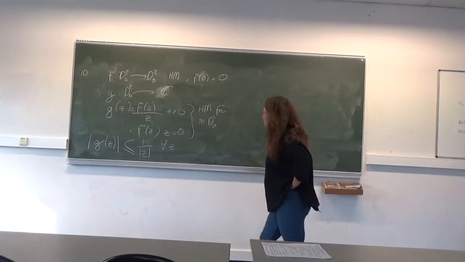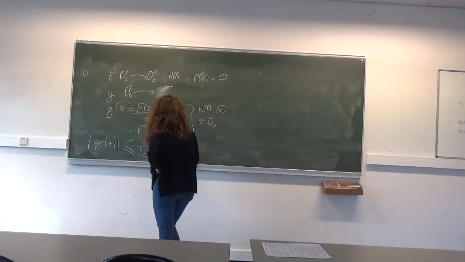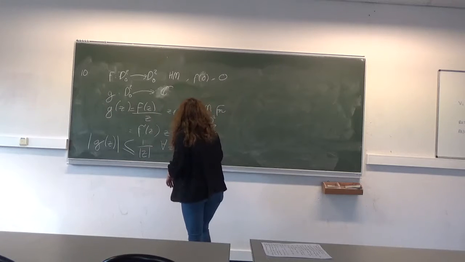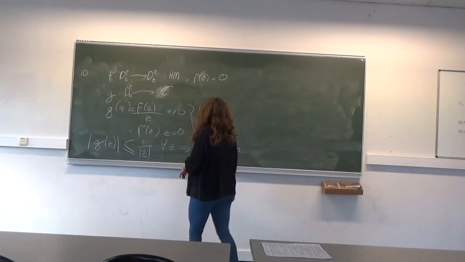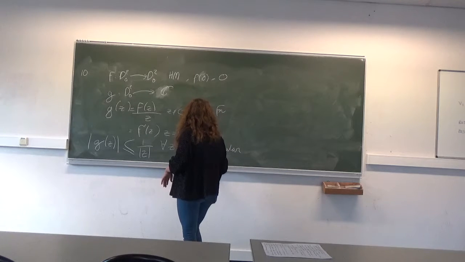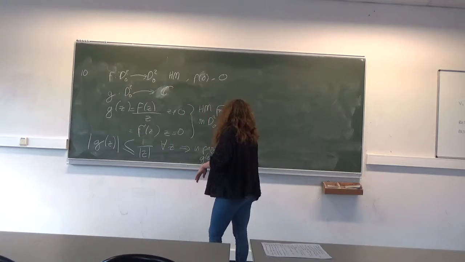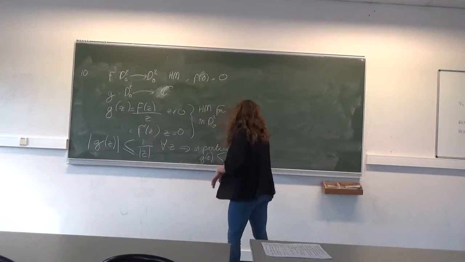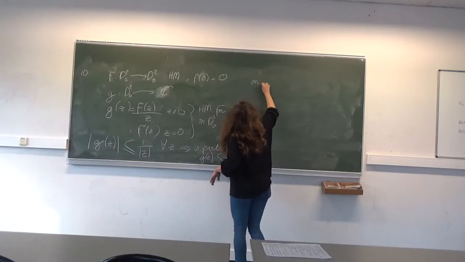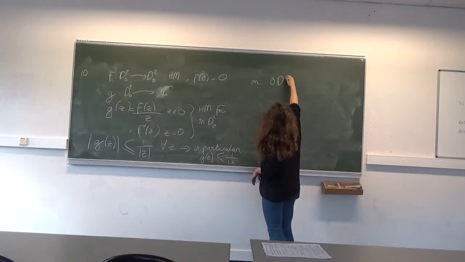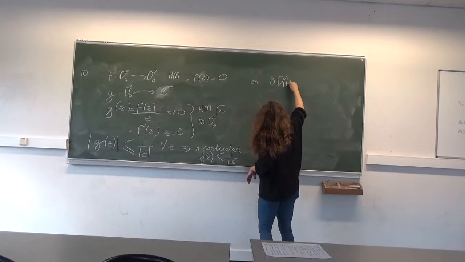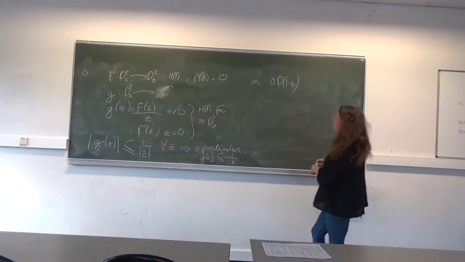Okay, and in particular, we have that g of z is less than 1 over 1 minus epsilon on the boundary delta of the disk of radius 1 minus epsilon.